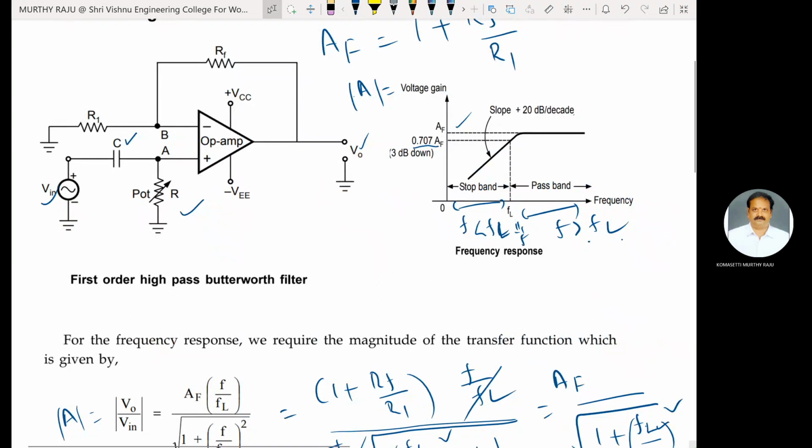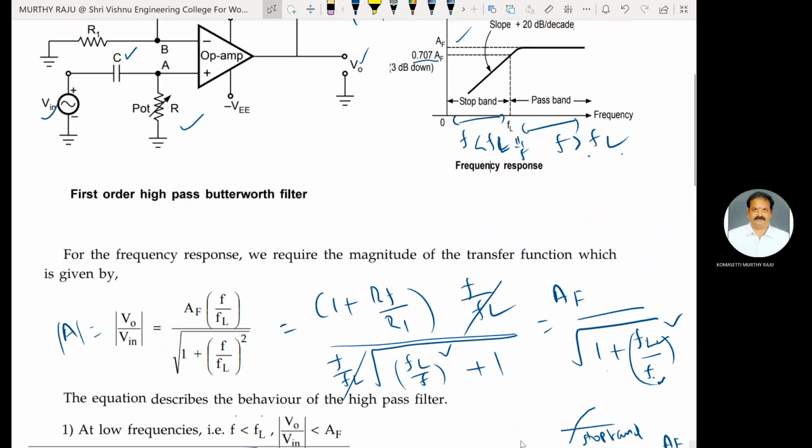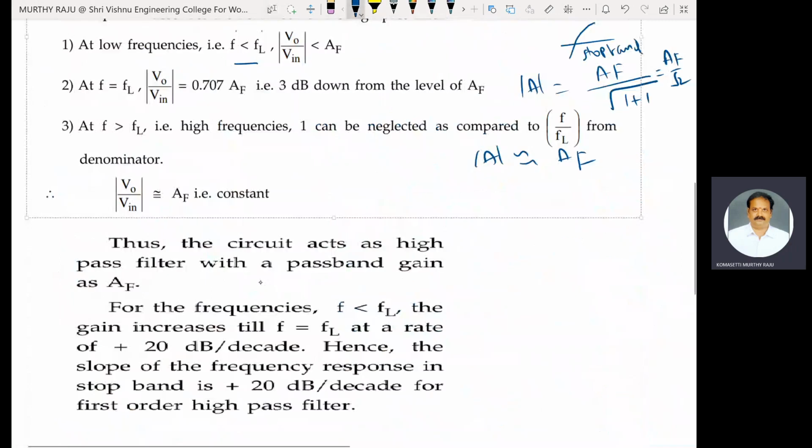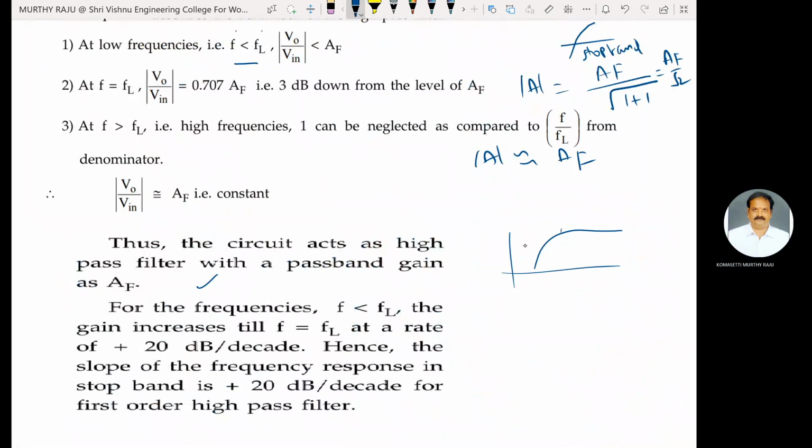Coming to the curve, the circuit acts as a high pass filter with passband gain as AF. This is the passband. Passband gain is AF, constant. This is mod A. For the frequencies F less than FL, the gain increases till F equal to FL.